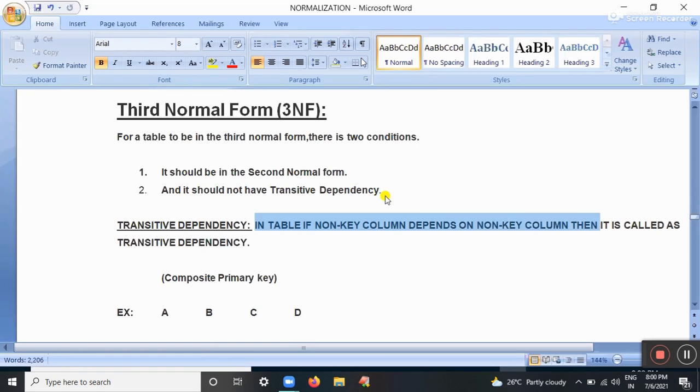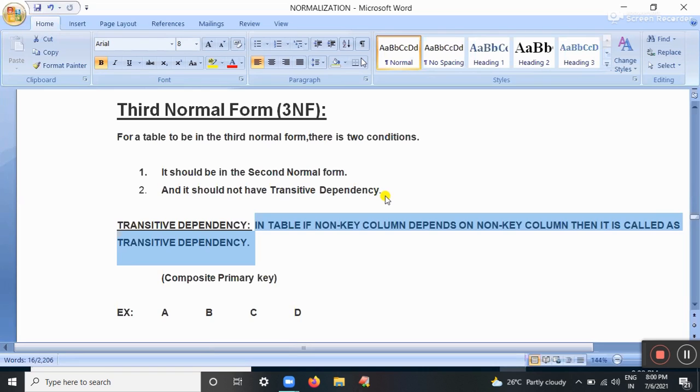In a table, if a non-key column, non-key meaning non-primary key column, depends on another non-primary key column in the table, then it is called a transitive dependency. Then your table is having a transitive dependency problem.